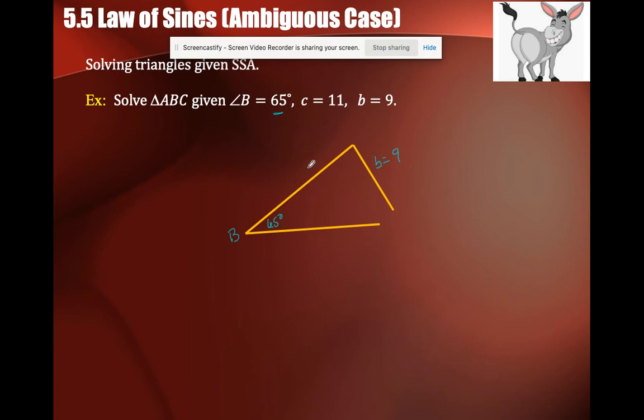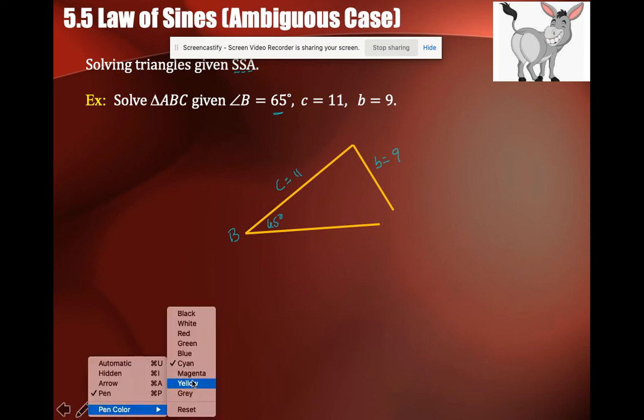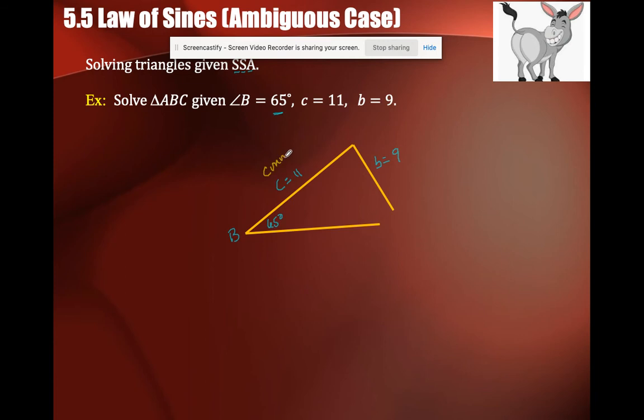And C is 11. We are given side-side-angle. So connected, swing, acute, find your height.